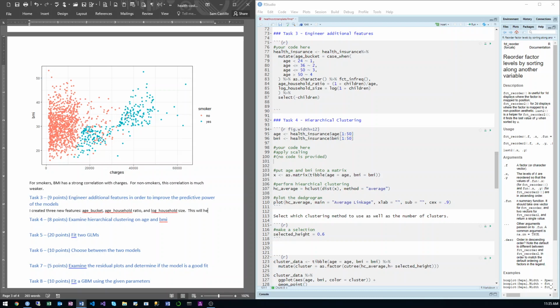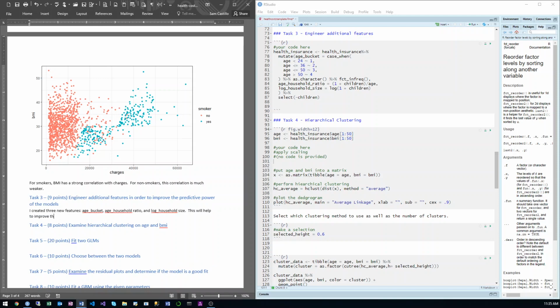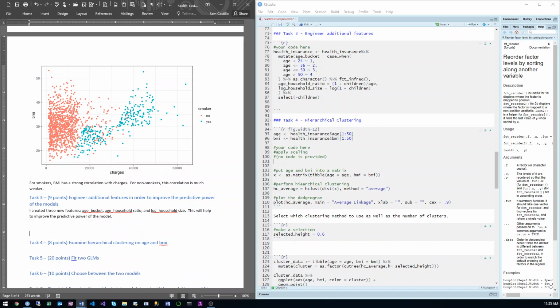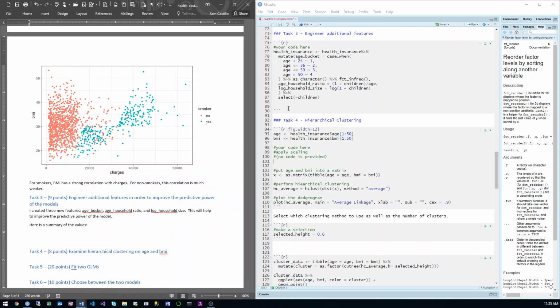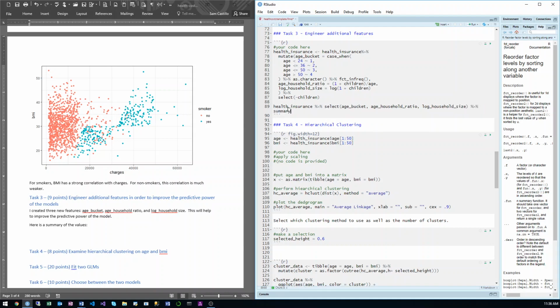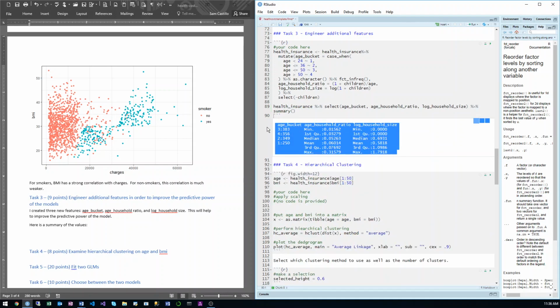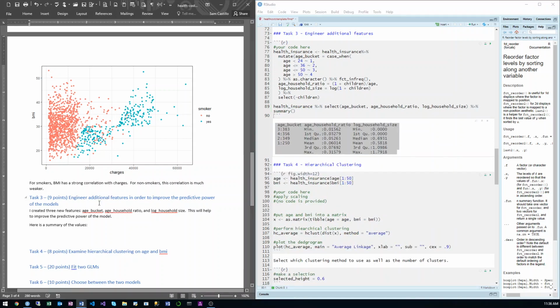This will help to improve the predictive power of the model. Here's a summary of the values.